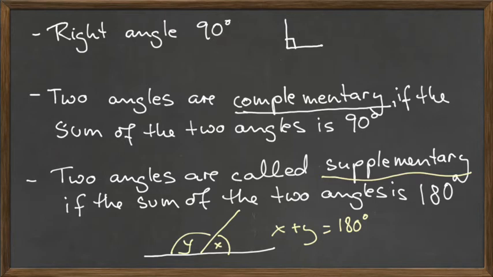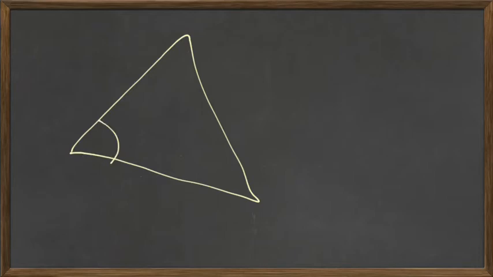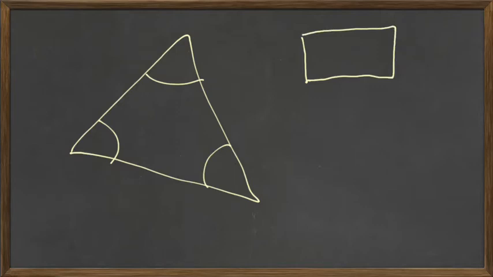Now, what do you know about the sum of all the angles in a triangle? Let's say we have a triangle here. These are my angles. It's called a triangle because we have three angles, and those three angles add up to what? 180. Because really what happens is, it's a rectangle here, a bad rectangle.